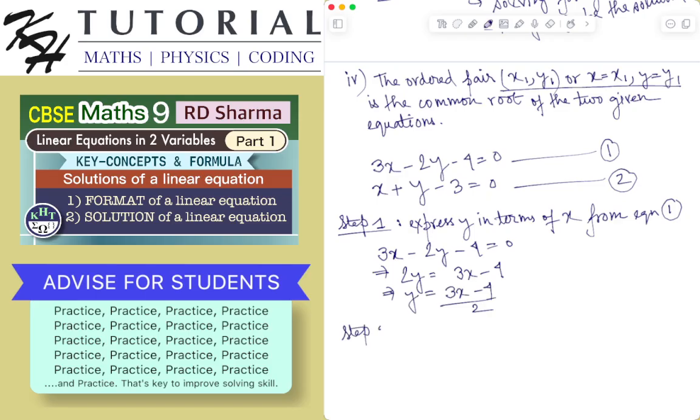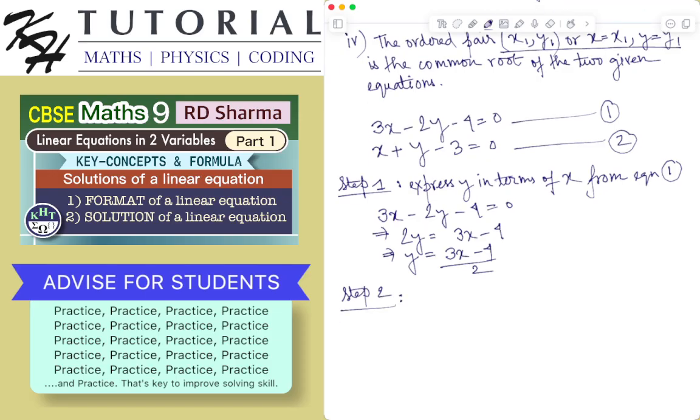Step 2 was to put y equals to (3x minus 4) by 2 in equation 2 and solve for x.